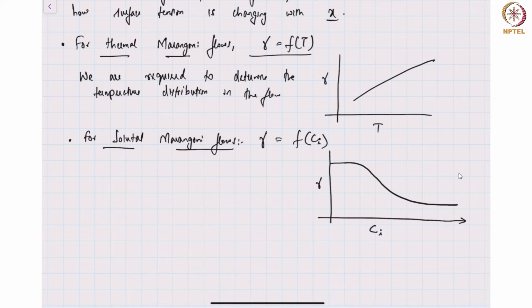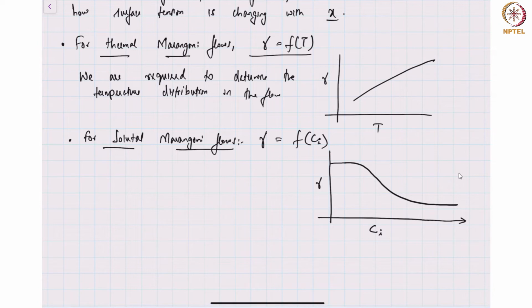As an example, for water, the surface tension value is 72 millinewton per meter. This is for a clean interface, meaning the interface between air and water does not have any contaminants, no surfactants. And then you can add soap or surfactants to the system, and surface tension would continuously drop. And for every concentration, you can determine what is the surface tension.